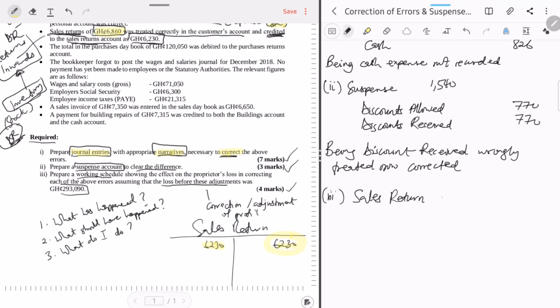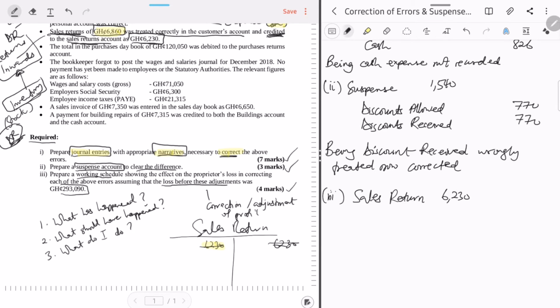What's the figure I want to do? 6,230. So this entry clears the 6,230 we have here. So now I know that I have 0 here. So now that I know I have cleared this to 0, it doesn't exist anymore.